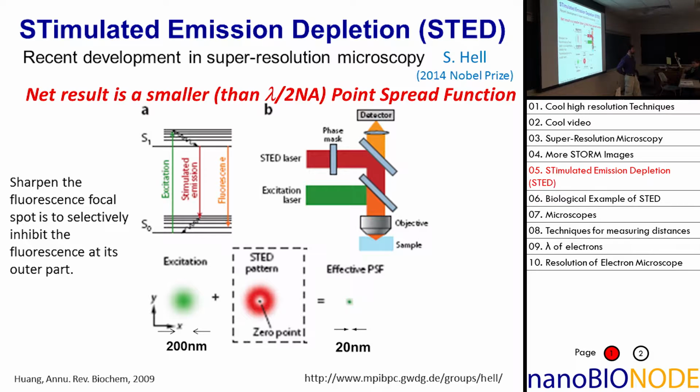Yes? I must be missing something. If you can have the phase mask to block out that little hole, why can't you just do the opposite of that on the green laser? You just make it small.